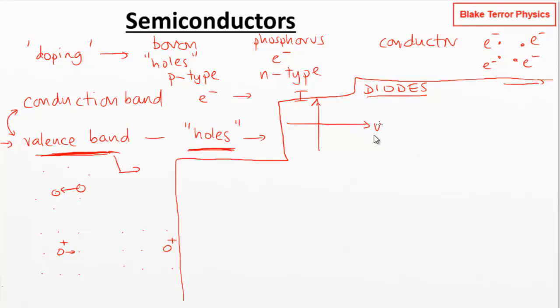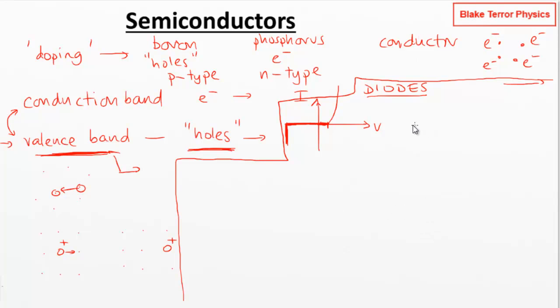So if we've got our I and our V, normally we're getting no current flowing until we reach some kind of threshold voltage, and then the resistance drops off rapidly after that, and we don't get any current flowing in the opposite direction until we reach some kind of breakdown voltage, where essentially we're destroying the diode, we're damaging the semiconductor. So we've got some threshold voltage that then allows a current to flow at low resistance.